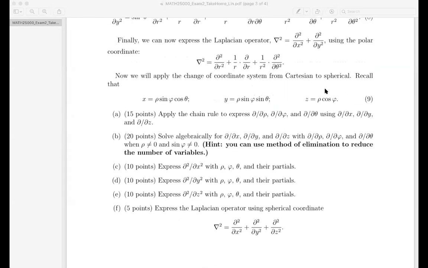So now a similar idea can be applied from Cartesian to spherical. First, you write down partial rho, partial phi, and partial theta using partial x, partial y, and partial z. This is the chain rule.